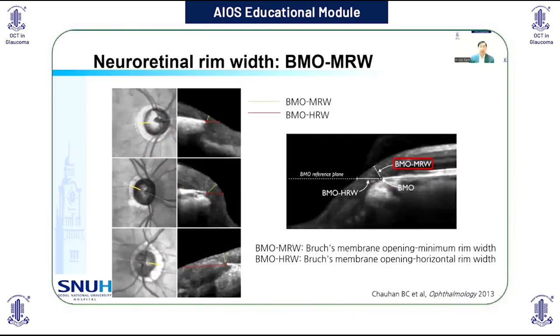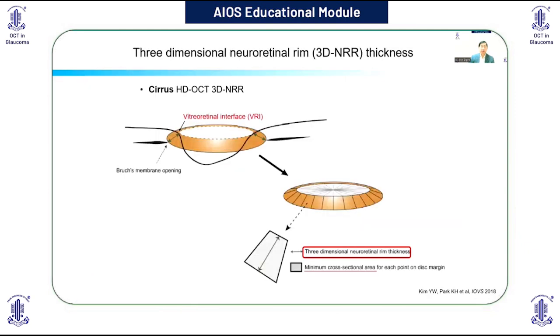Another thing is neuroretinal rim width in Spectralis OCT. We call that BMO-MRW. So it is the distance from the Bruch's membrane opening to the internal limiting membrane. So it's a minimum rim width. A similar concept is in the Cirrus OCT.